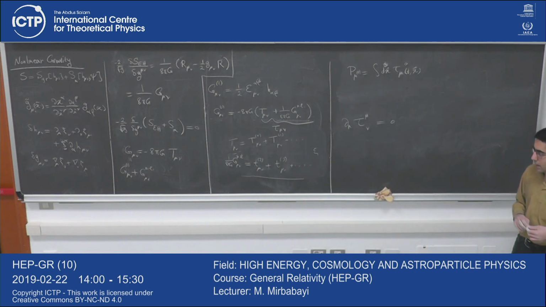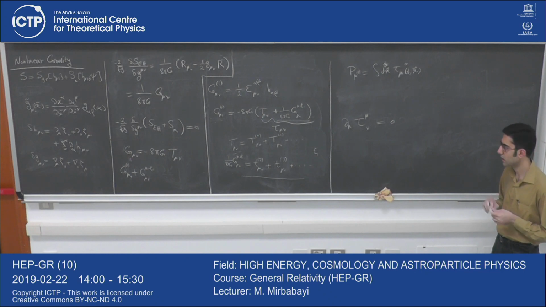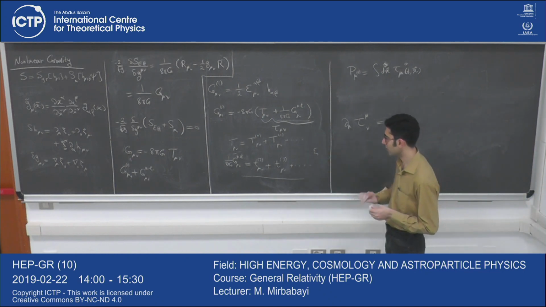And this is of course something that cannot happen for a tensor, because if all components of the tensor are 0 at one point, they will be 0 in all other coordinates. So this shows that it is a pseudo tensor.